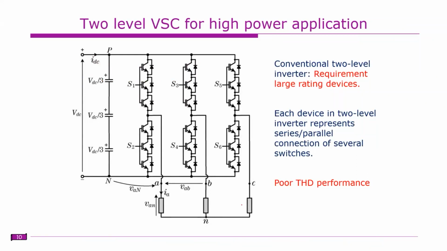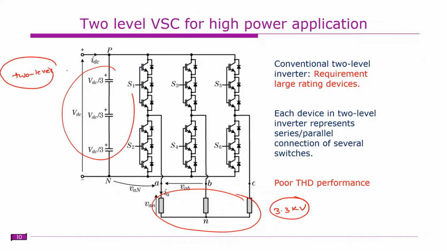Let us assume that this load is some large electric drive, say for example with a rating of 3.3 kV. Still, if you prefer to use a two-level inverter, how much DC voltage do you require to obtain 3.3 kV?